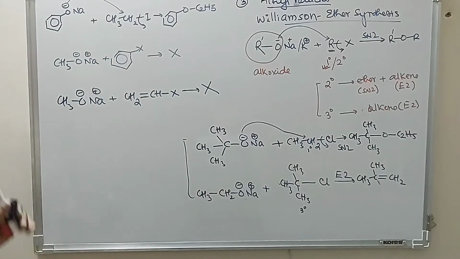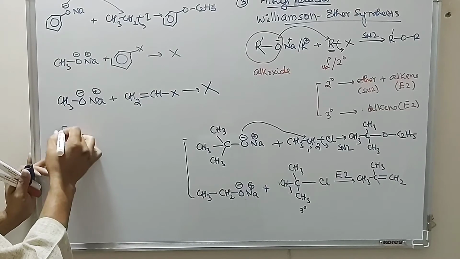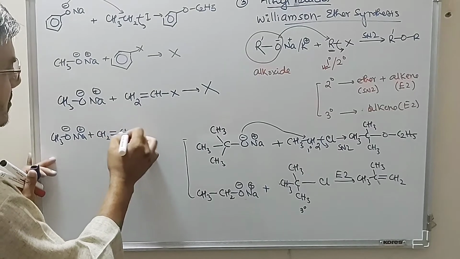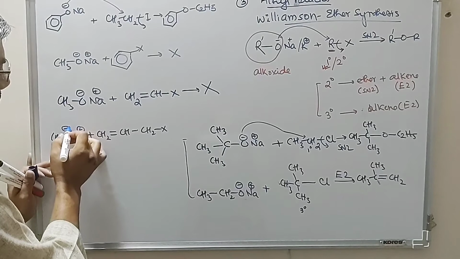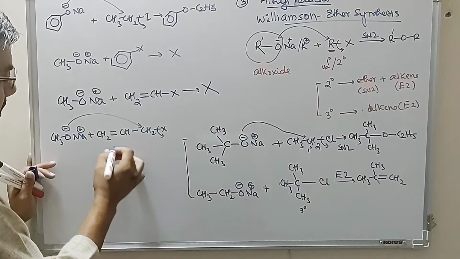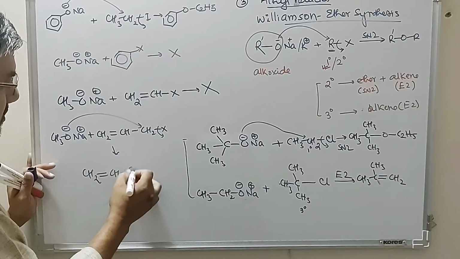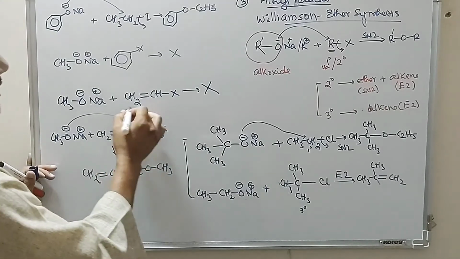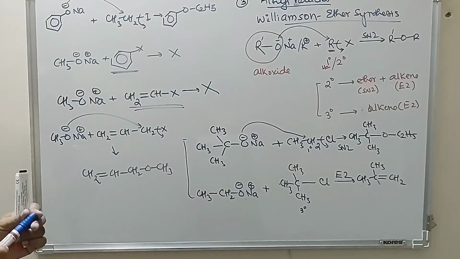But we can use CH2=CH-CH2X, and this gives you CH2=CH-CH2OCH3. So vinyl and aryl halides cannot be used for this Williamson ether synthesis.